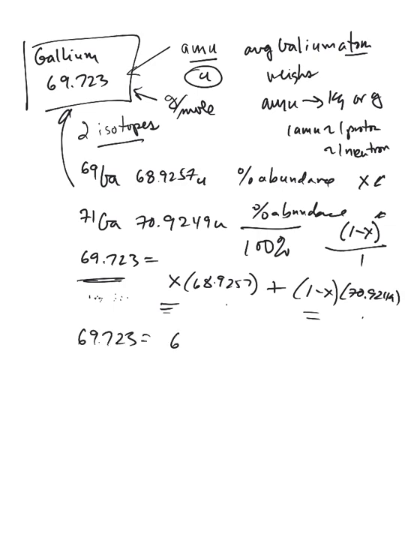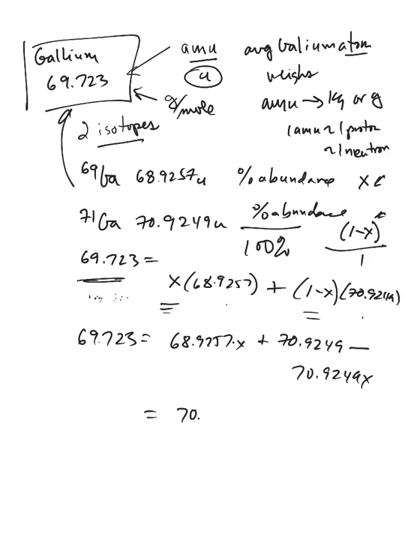69.723 is going to be equal to 68.9257 times X plus 70.9249 minus 70.9249X. So I'm going to put all the X's on one side and all the numbers on the other. So I will keep the X's on the right side.